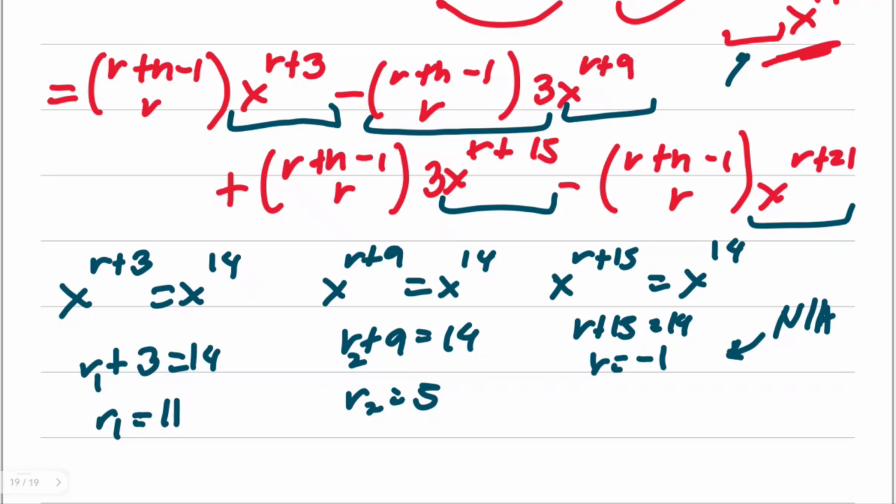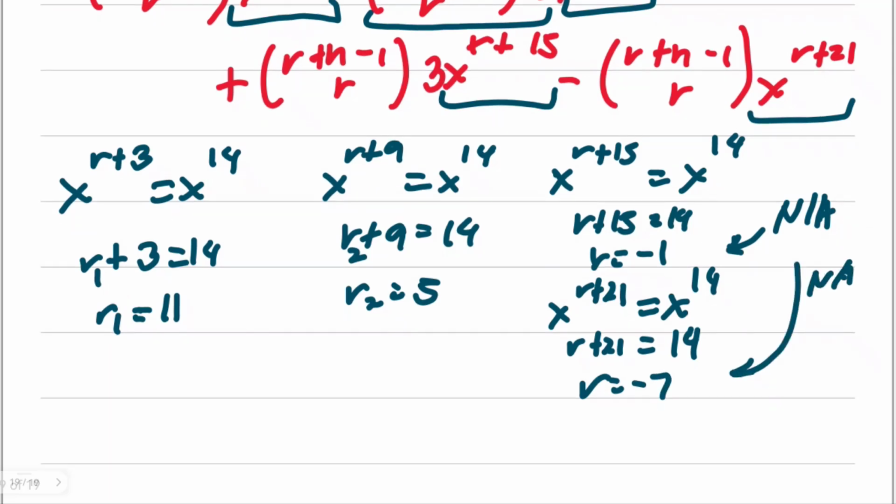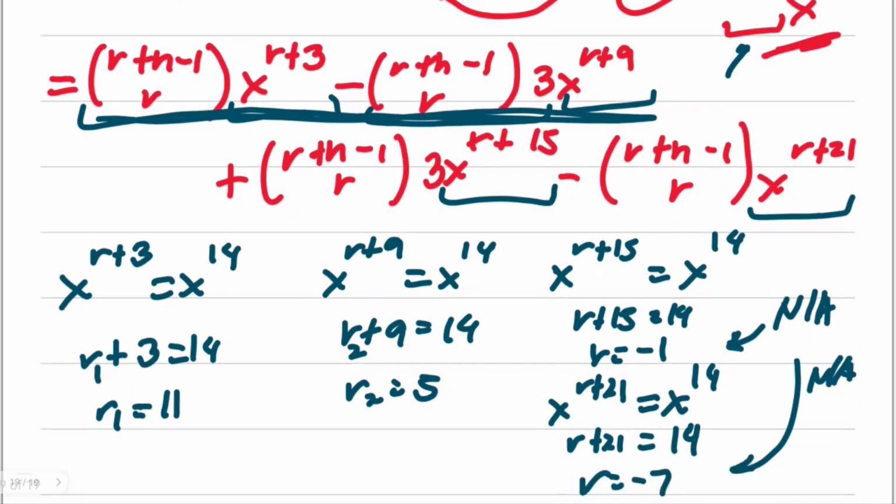The same goes with X to the power of R plus 21 is equal to X to the power of 14. R plus 21 is equal to 14, and you will have R is negative 7, still not applicable here. What does this tell us? We only need to use the first two terms, having their specific R sub 1 and R sub 2.